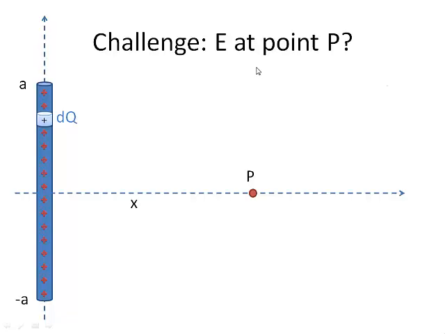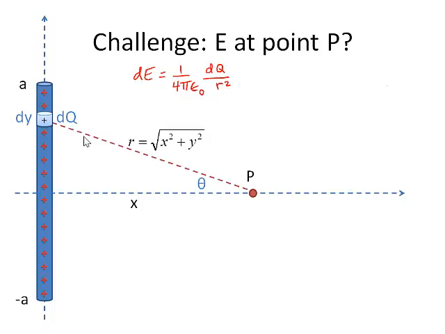So really I'm going to be using the equation dE is equal to 1 over 4 pi epsilon naught times dQ over r squared. In this case, r is the distance between dQ and point P. So that distance is going to be the square root of x squared plus y squared, where we say the distance from the origin to this dQ is called y.